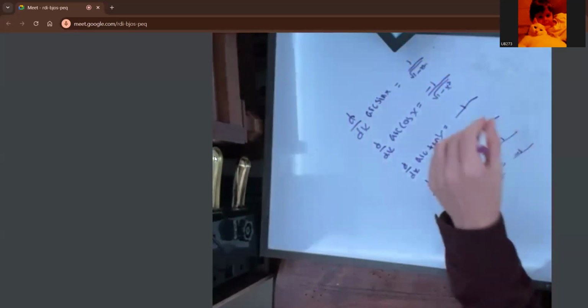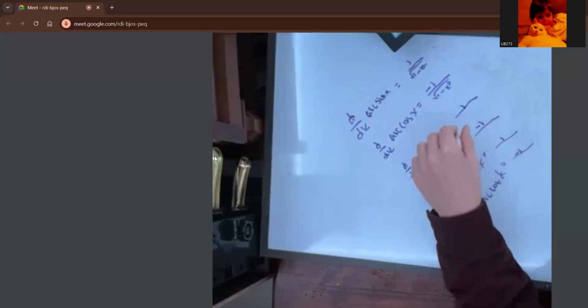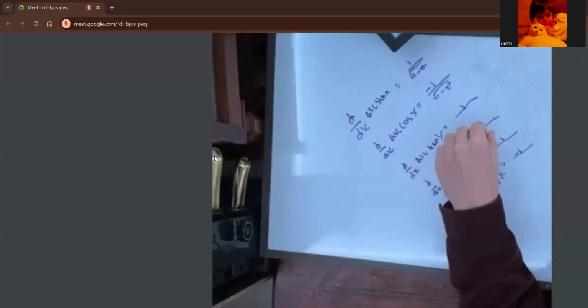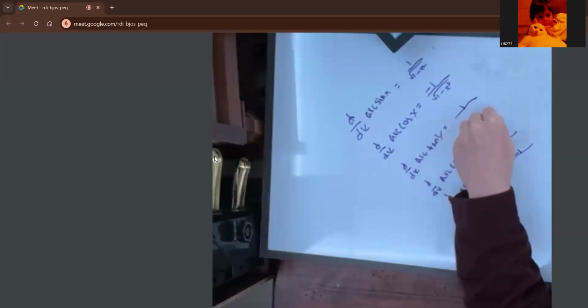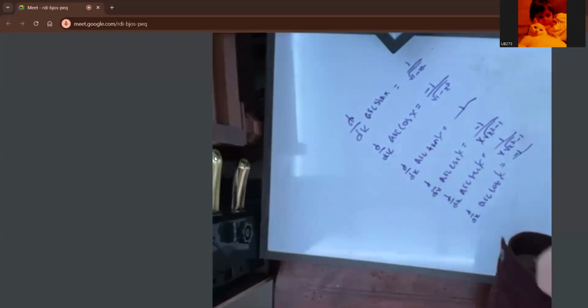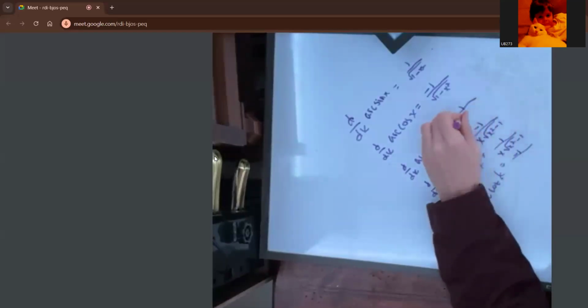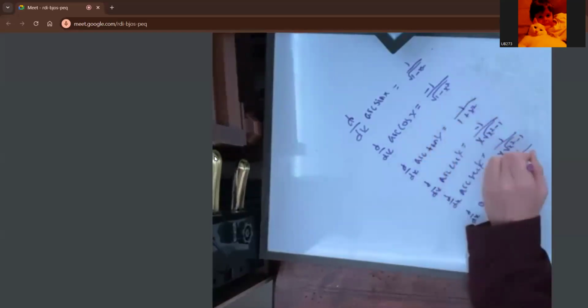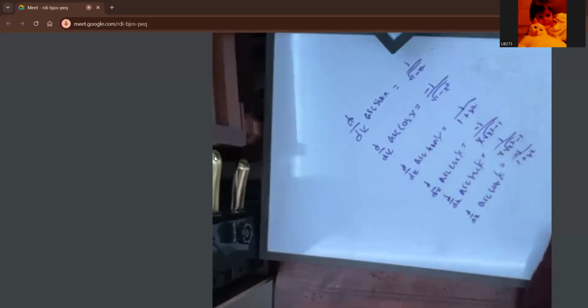And then these two are similar as well, cosecant and secant, and they have x square root of x squared minus 1. And then these ones look the same, and they're just 1 plus x squared. So these are things that you'll want to remember.